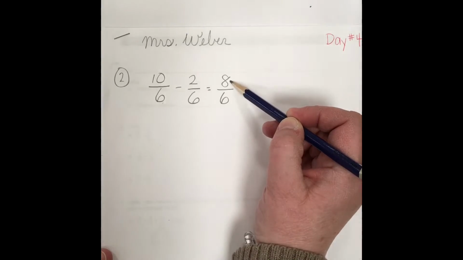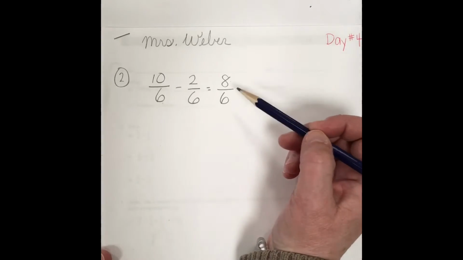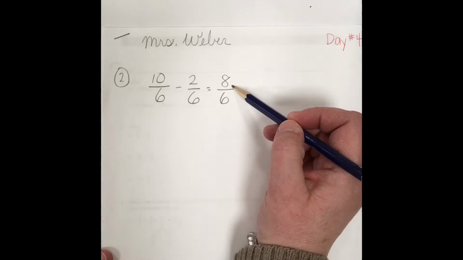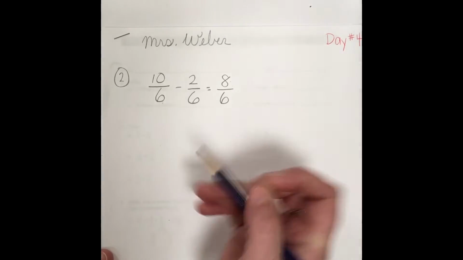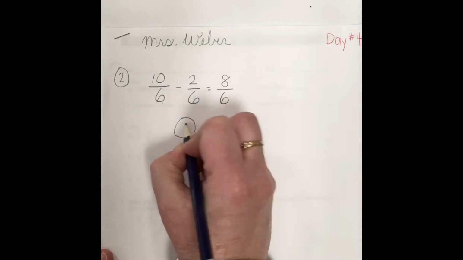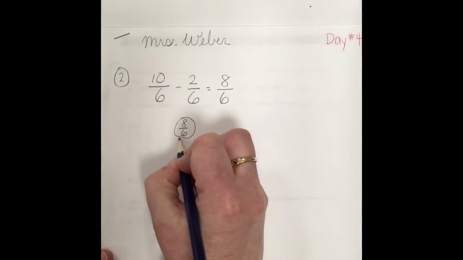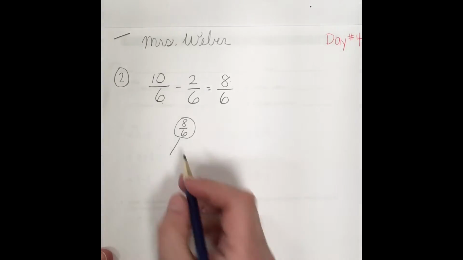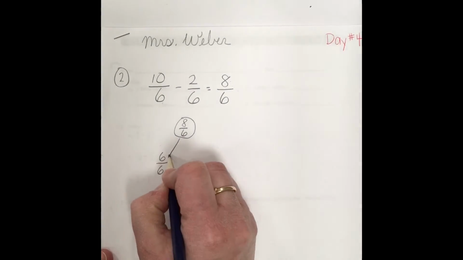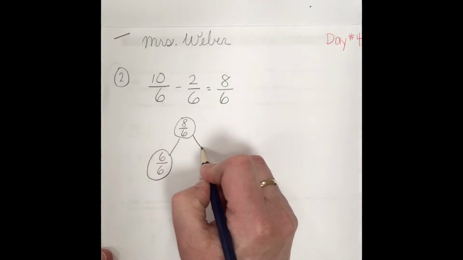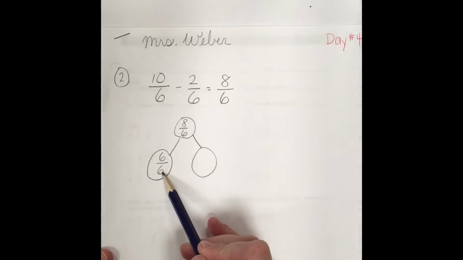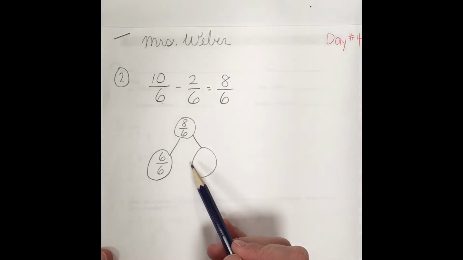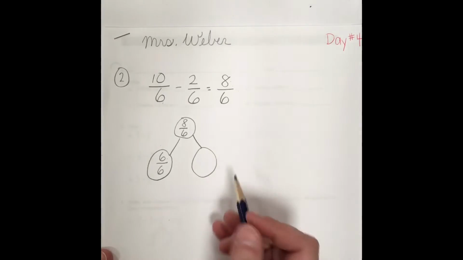They just look funny. So I can change this into a mixed number by using a number bond. So my total is 8 sixths. If I'm talking about a whole, one whole, that is equivalent to 6 sixths. 6 sixths plus what is equal to 8 sixths?